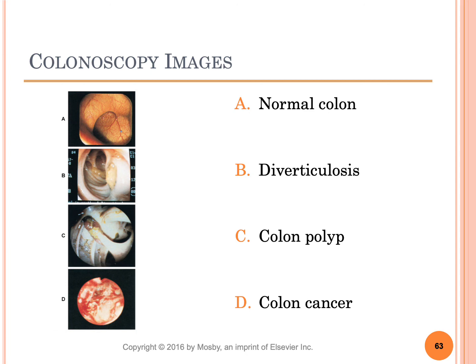And if they get trapped in there and they can't get out, eventually they can erode through the colon and cause a perforation. The next one is a polyp on image C. And then lastly, colon cancer, so some sort of tumor there.